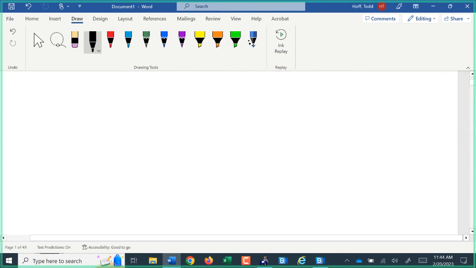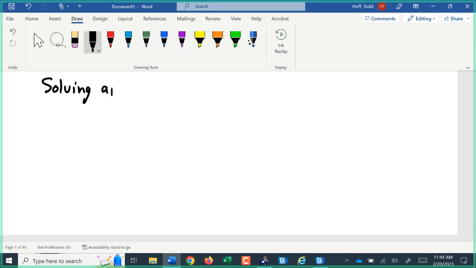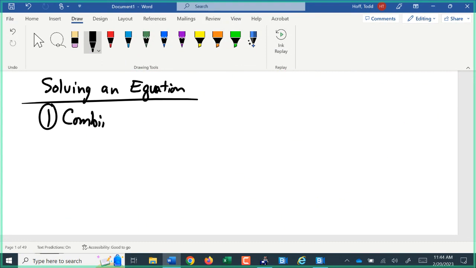So then our next step, well, let's just review just for a second. So remember, when we're solving an equation, there are two things that have to be done or looked at before we actually start to solve. And of course, the first is to combine on each side.